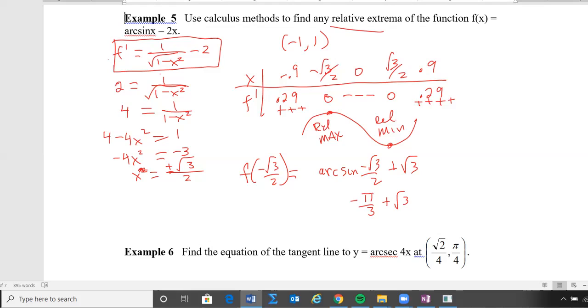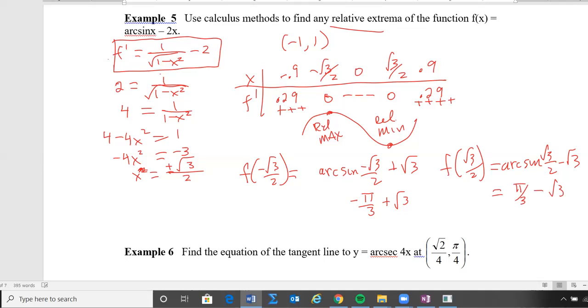Now let's check the next one. F of root 3 over 2 is the arc sine of root 3 over 2, minus root 3. So this becomes pi over 3 minus root 3. They're opposites of each other, notice.